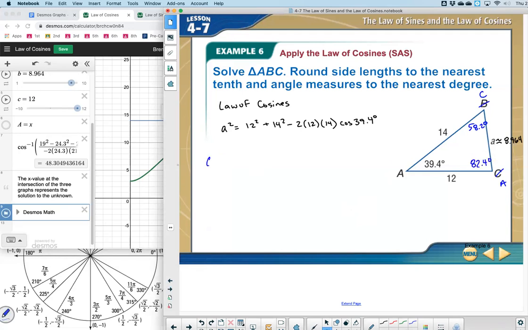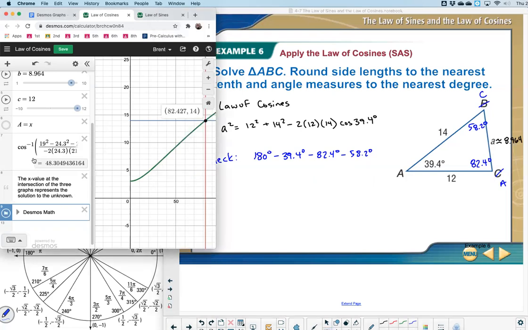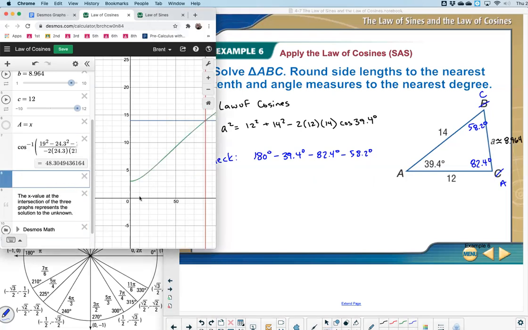And if I want to check, I can take my 180 and subtract 39.4, subtract the 82.4, and subtract 58.2, and I should get 0. Actually, I don't even know why I put the 180.